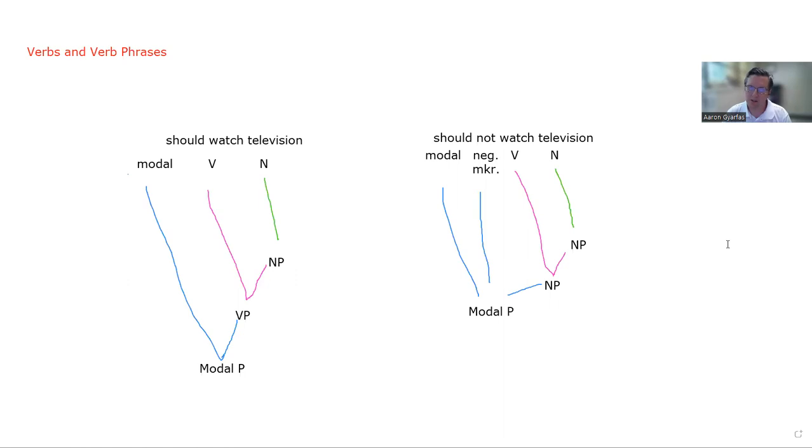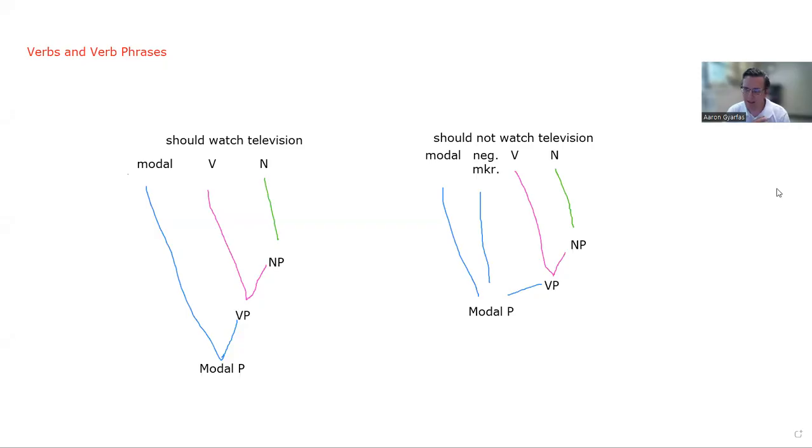The first one's a little easier to see. We have the modal connecting with the verb phrase. That gives us a modal phrase, right? The second one, the negative marker is negating the modal. So you can have the modal and negative marker together with the verb. Oh, nope, that's a mistake. Hold on.